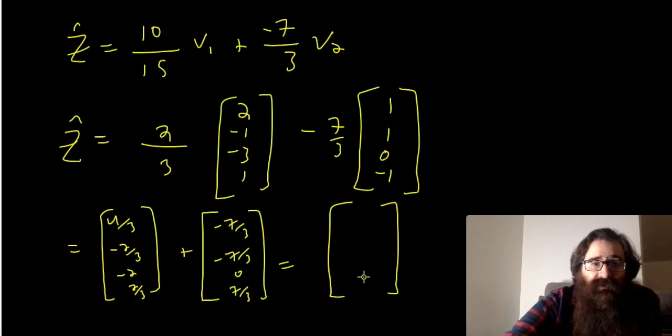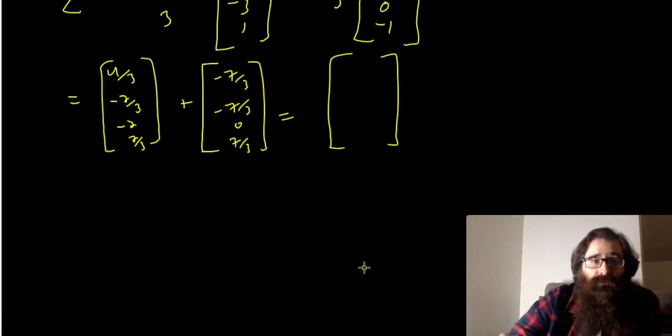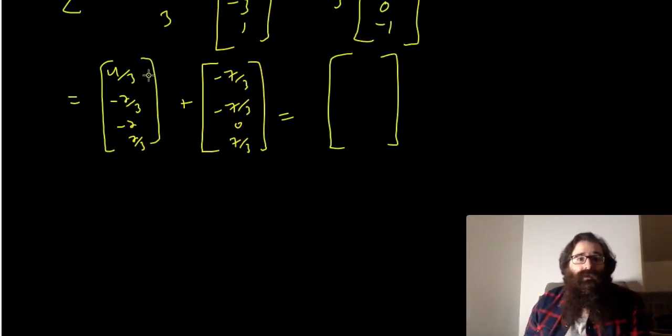If I add these vectors together, 4/3 minus 7/3 is negative 3/3, which is negative 1. Negative 2/3 plus negative 7/3 is negative 9/3, which is negative 3. Negative 2 plus 0 is negative 2.